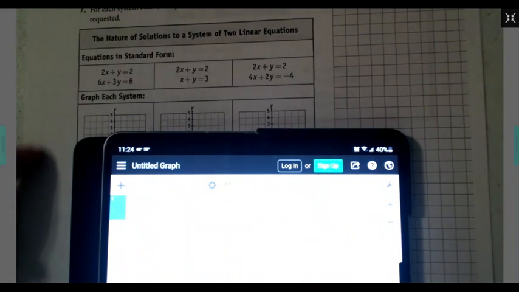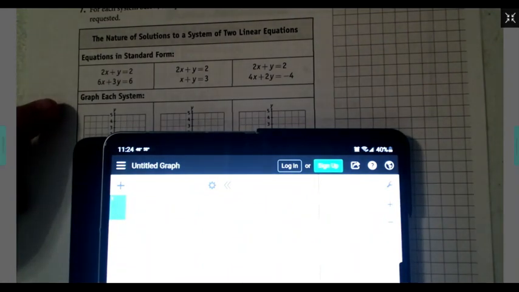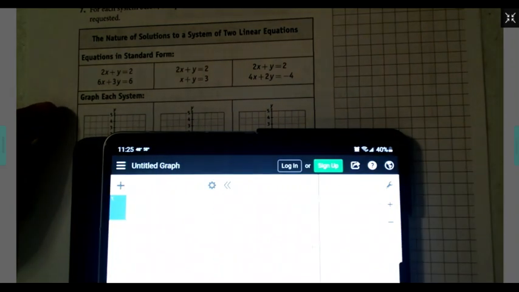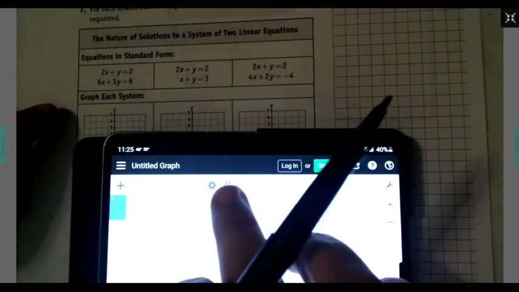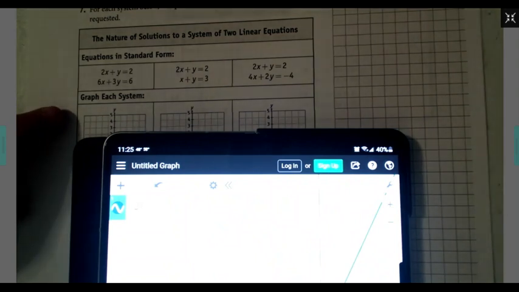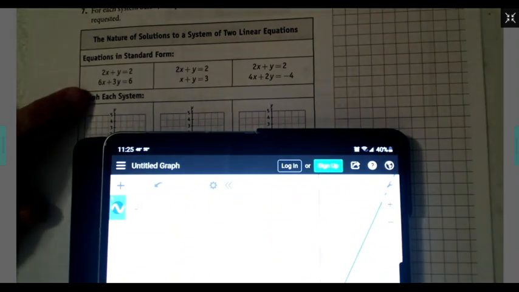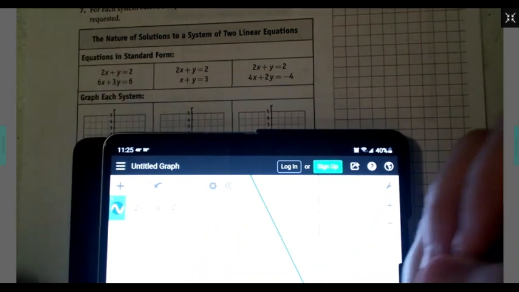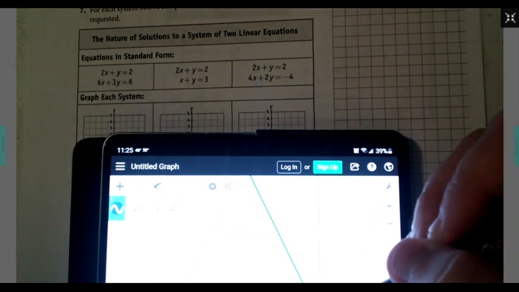We've got 2x plus y equals 2. So it looks like I have a y-intercept at 2 and an x-intercept at 1.